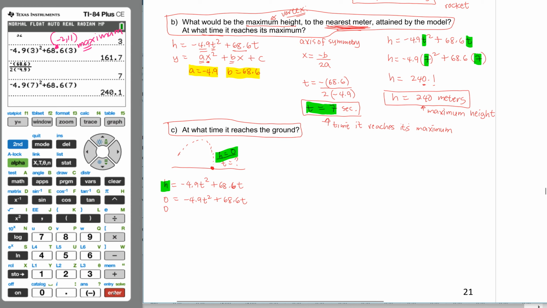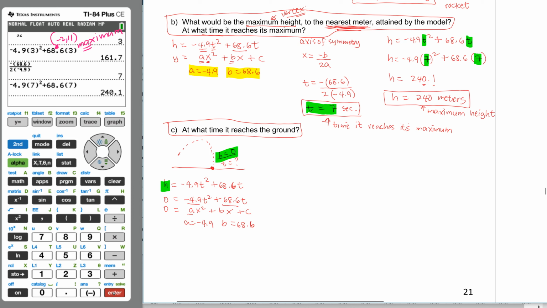I like to have the standard form first, ax squared plus bx plus c, just to make comparisons. So my a is negative 4.9, and my b is 68.6. Here we can now use the quadratic formula.